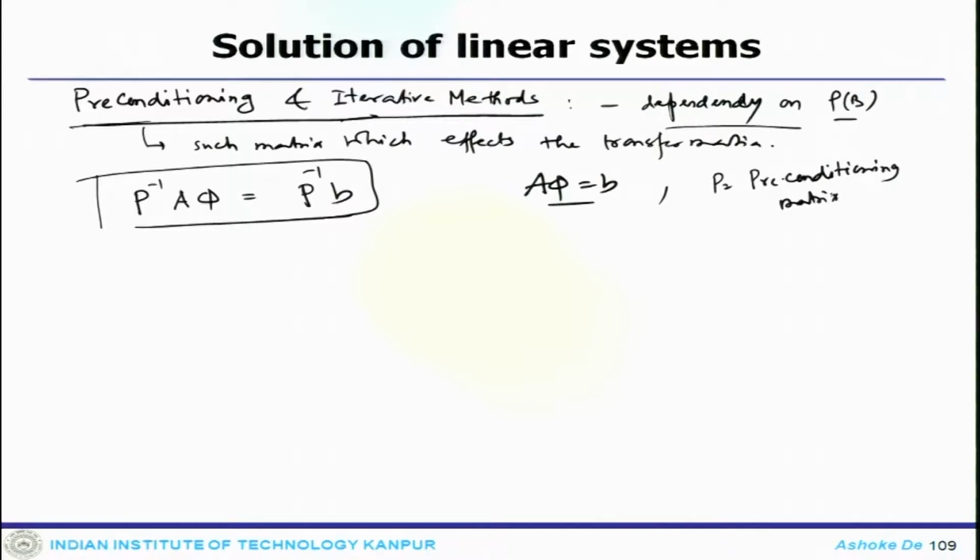Once you multiply both sides of this equation with P inverse, you get this one. Now, this will have the same solution as A phi equals b, but the spectral properties of this iterative matrix, that is P inverse A, are different. In defining the preconditioner P, the difficulty is to find an approximate A inverse, but it is easy to find P inverse at a reasonable cost.